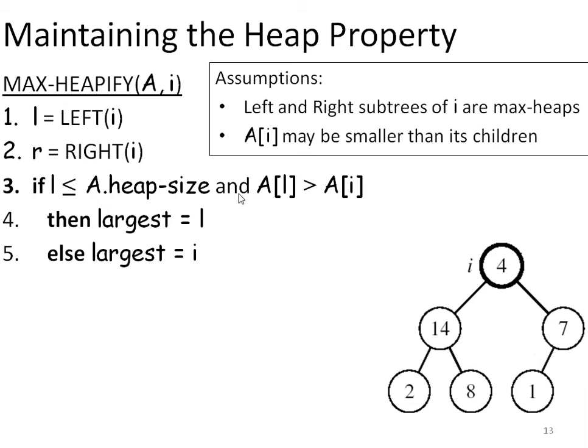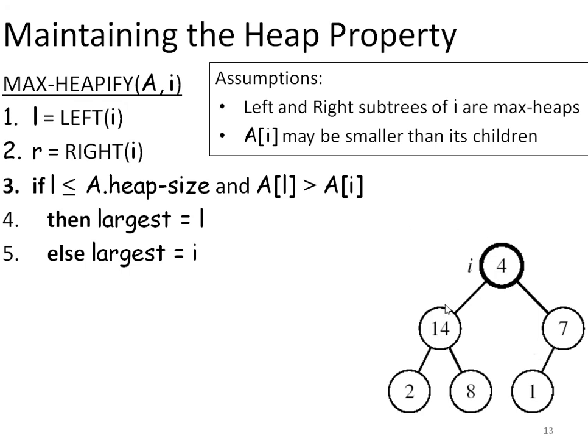Because we are using AND, if either of the two conditions is not satisfied, then line number 4 will not be executed and the else part will be executed. So largest will be initialized to the index value I.